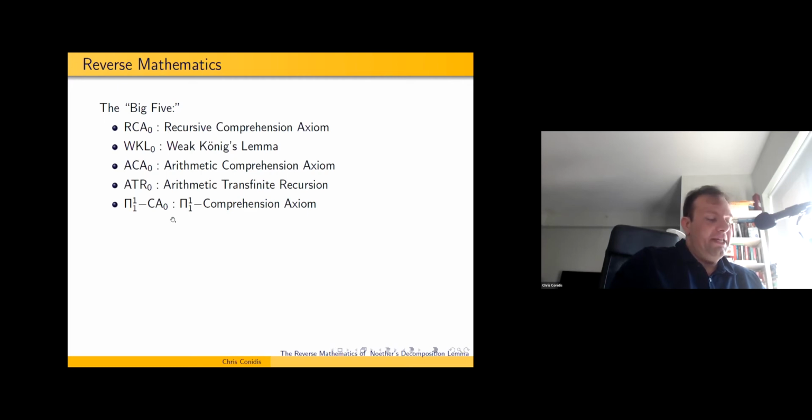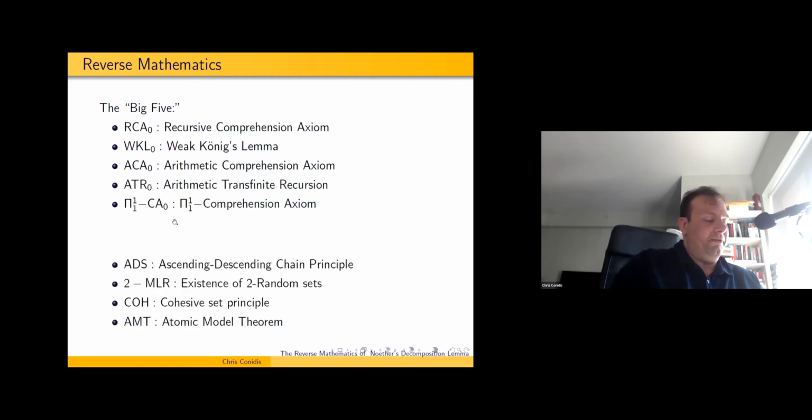In the context of this talk, though, there are going to be some other ones that come into it. So some other subsystems of second order arithmetic. One of them is the ascending descending chain principle, right? This says that every infinite linear order has either an infinite ascending chain or an infinite descending chain. The existence of two random sets, and so every set has a set that's two random relative to it. That's also going to be relevant, as well as the cohesive set principle and the atomic model theorem.